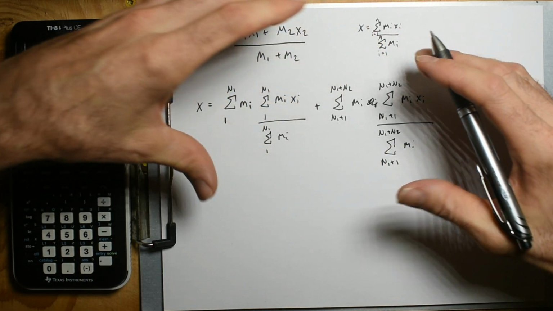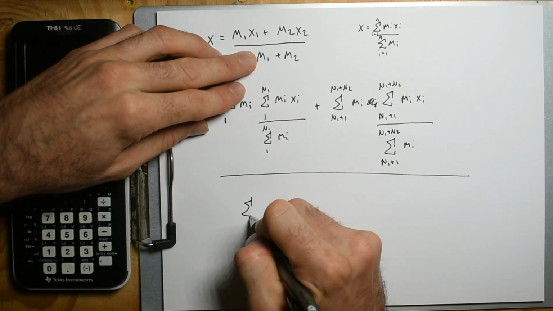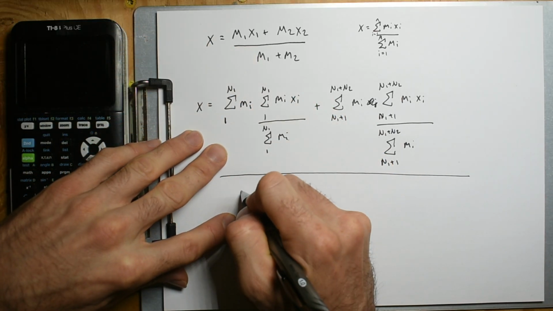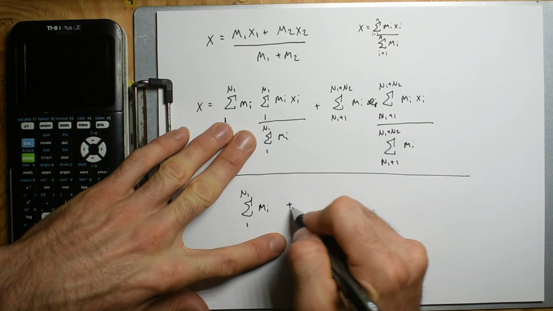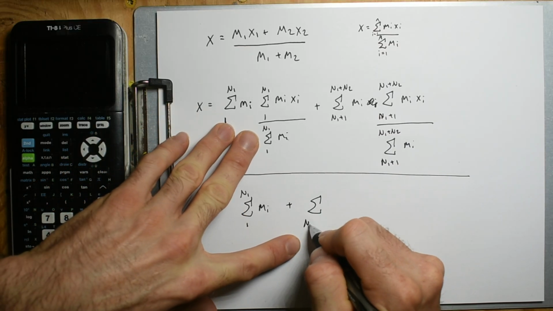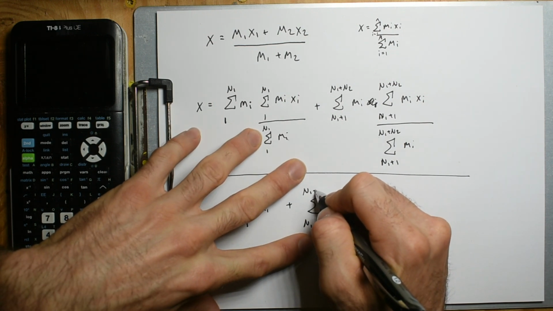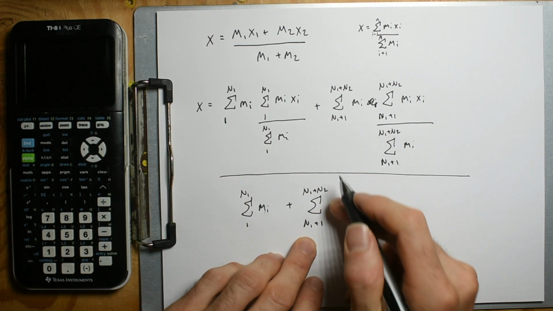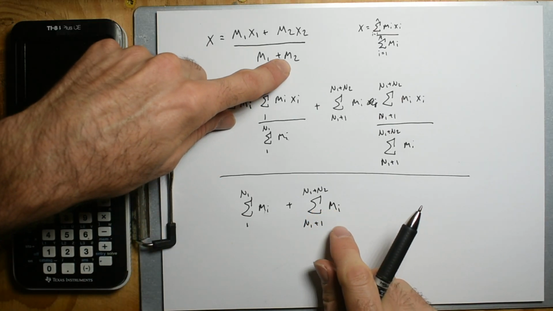So that's the x2 term. And then we're going to divide it by m1, which is particles 1 through 50, the mass of those, plus particles 51 to 100, and those are the mass of m2.